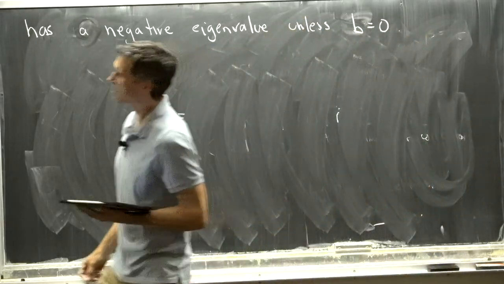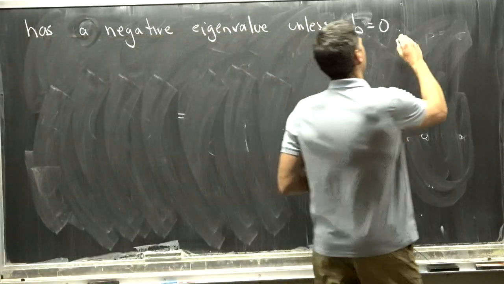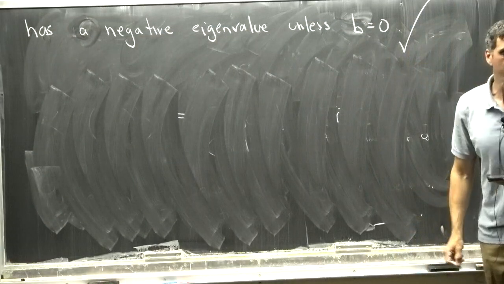And what that means is that if B is non-zero, then you can form some linear combination of states 0 and 1 such that the expectation value of this operator is actually negative. And that violated our assumptions. That means that all these off-diagonal elements have to be 0. And so that's equivalent to the statement that O annihilates the vacuum.